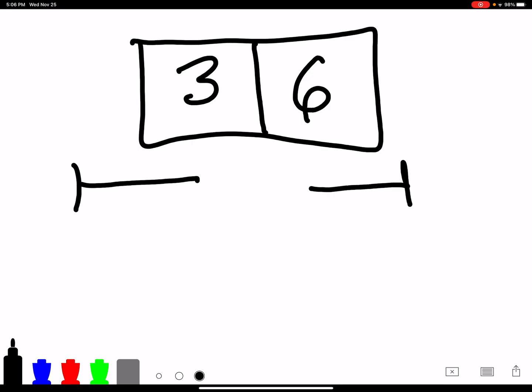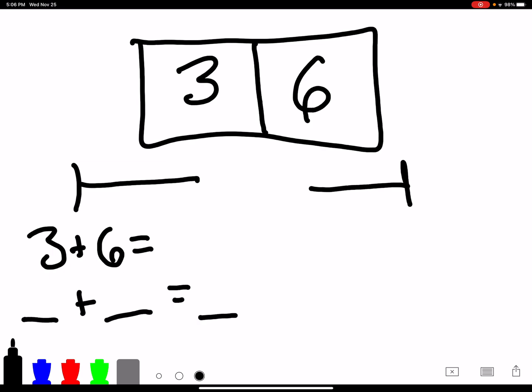We already know that the whole is going to be the biggest number in the part-part-whole model. So we have 3 plus 6 equals question mark, and then we have blank plus blank equals blank. And then we have blank minus 6 equals, let me write that a little bit better for you guys. There we go.